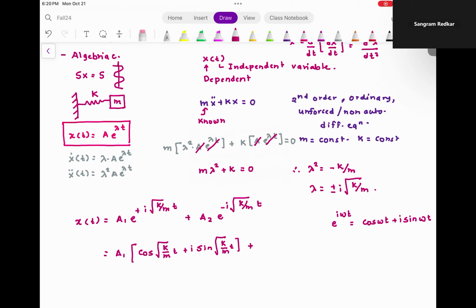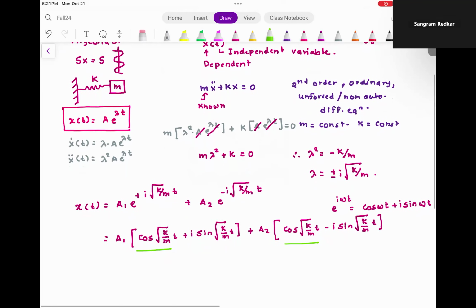plus a2. Now you got the minus sign, so basically this becomes cosine square root of k by m t minus i sine square root of k by m t. Now please understand, I have cosine omega t here, cosine omega t here, so that can be combined.